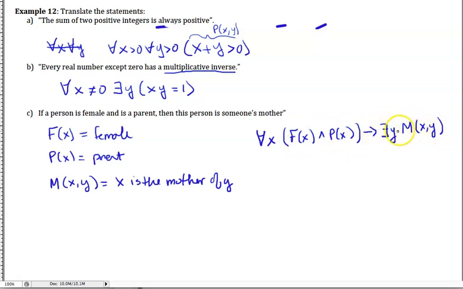So y is such that M of x, y. M of x, y means that x is the mother of y. We can also write it by putting the quantifiers together. So for all x, there exists a y, such that if x is a female and a parent, then x is the mother of y. All right, cool.